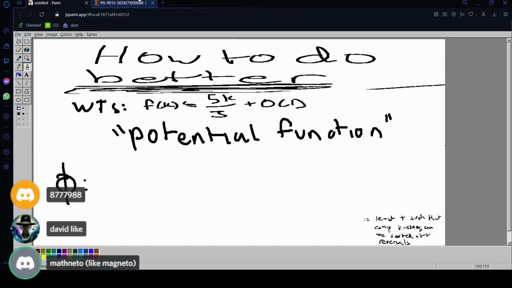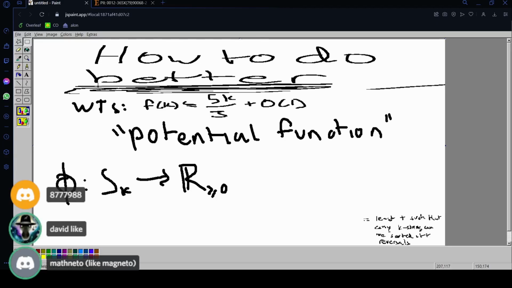So essentially, it's gonna be on our set of k strings, or permutations, so S_k, and it's gonna be sent to real numbers that are at least 0.